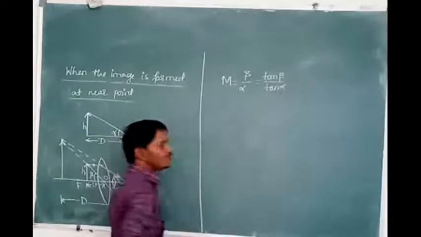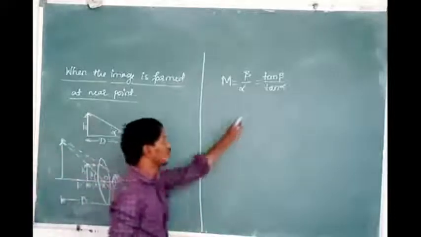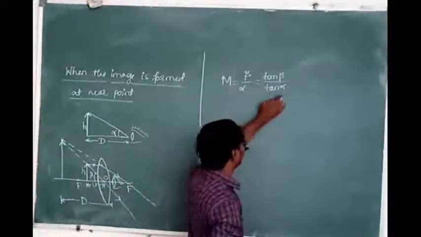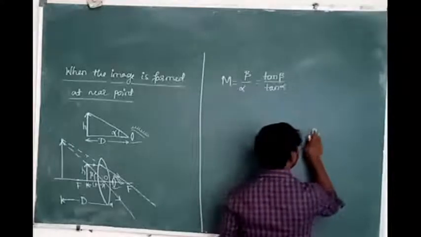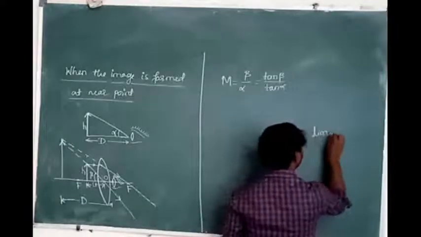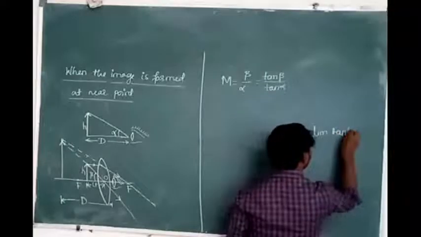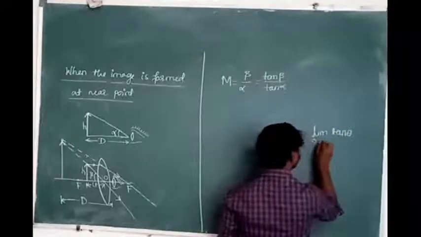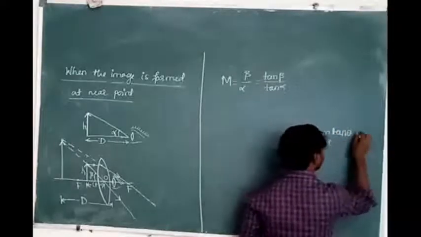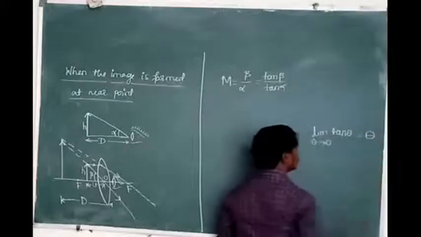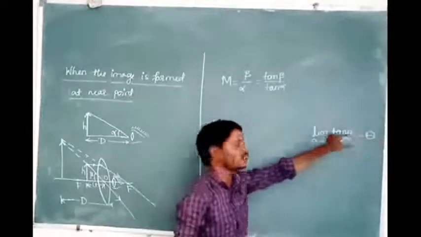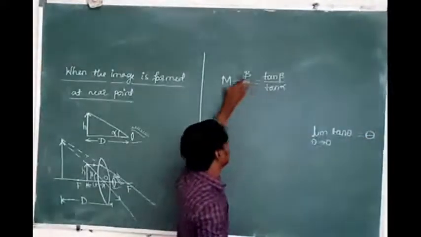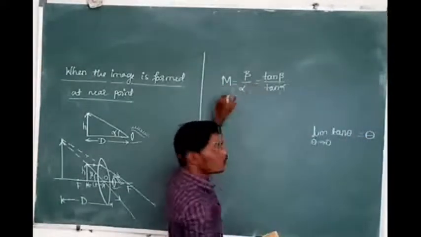Here alpha and beta are small angles, so tan beta becomes beta and tan alpha becomes alpha. Already you studied this: the limit of tan theta as theta tends to 0 is theta. For small angles, tan theta is nothing but theta. That is why we write tan beta as beta and tan alpha as alpha.